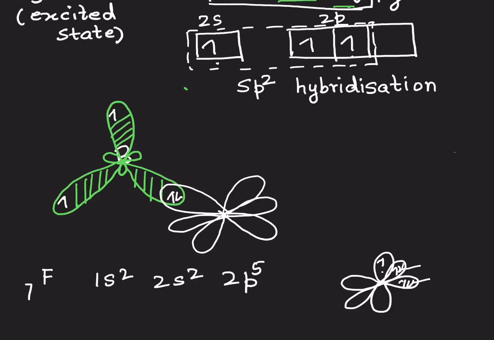Now the question that arises in our mind is, why doesn't fluorine undergo hybridization? Why is it that boron undergoes hybridization?